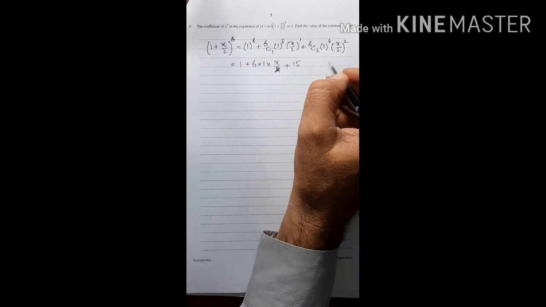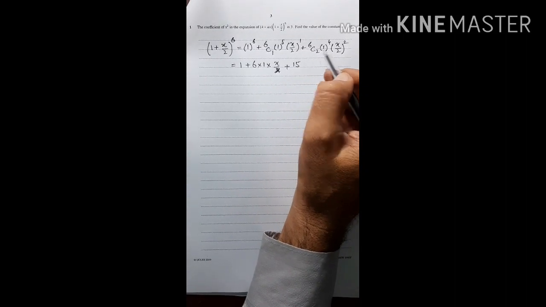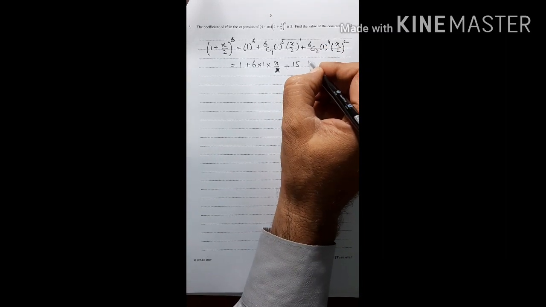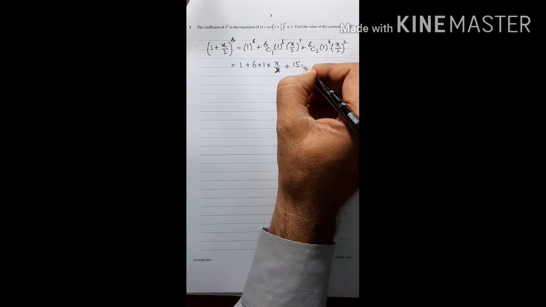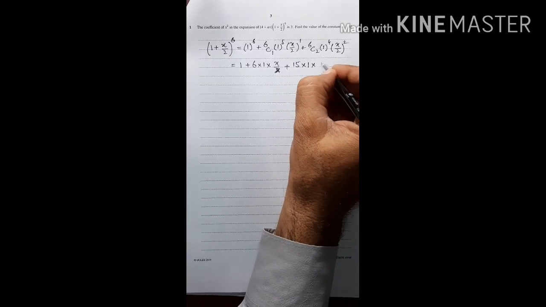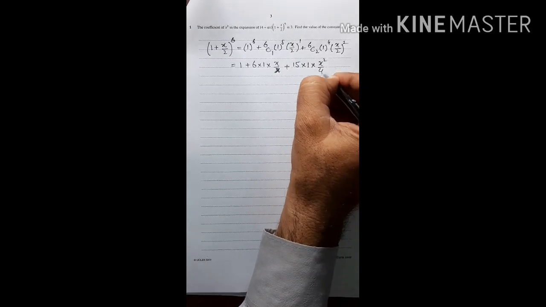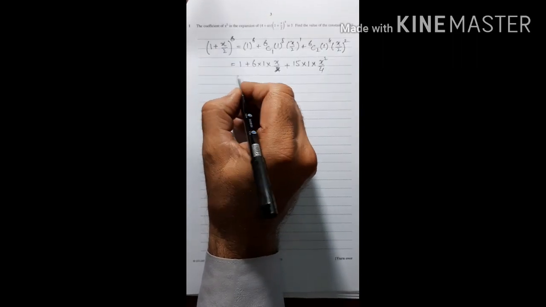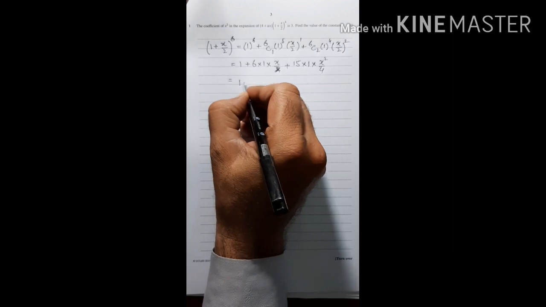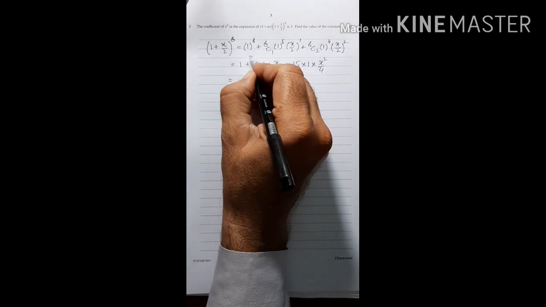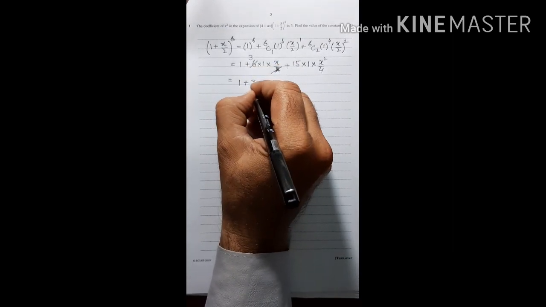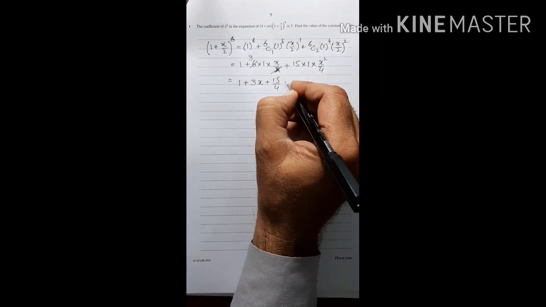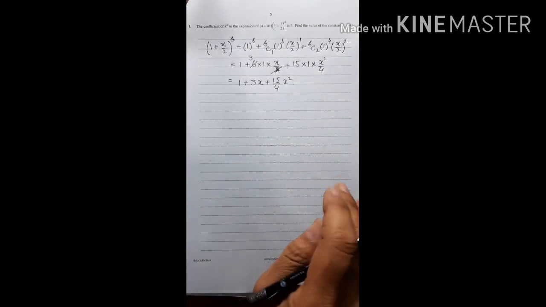You can calculate 6C2 easily with a calculator. So 15 into 1 into x squared over 4. After simplification I get 1 + 3x + 15/4 x squared.